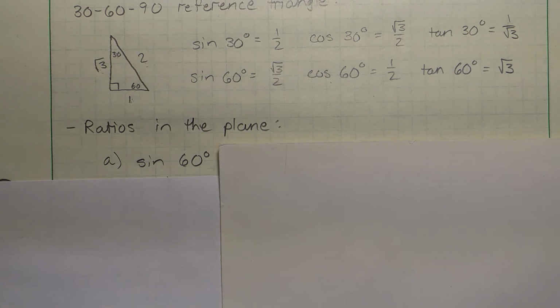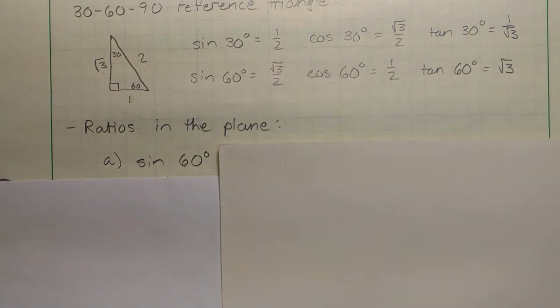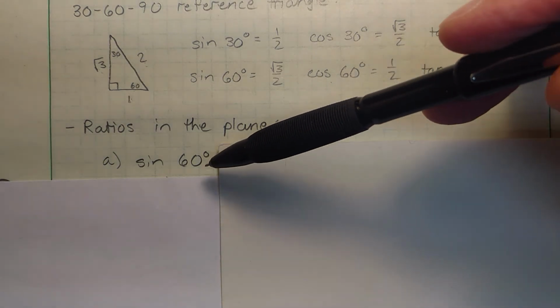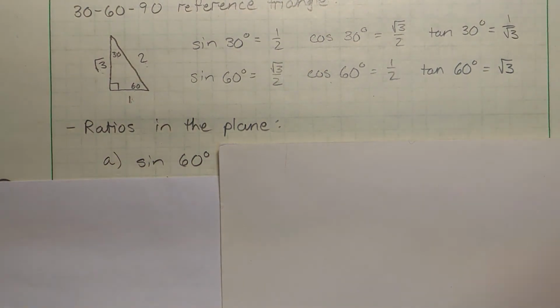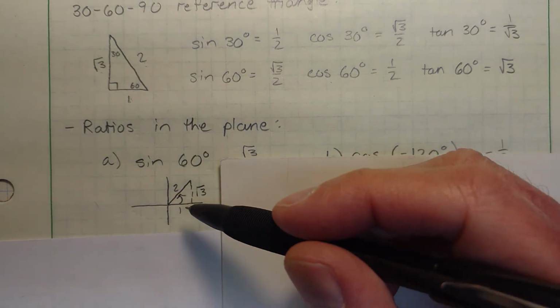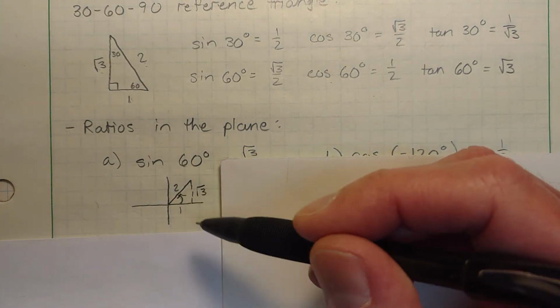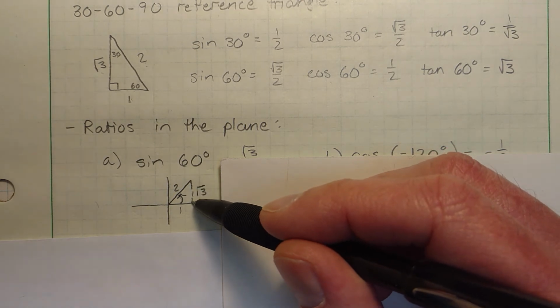So A, let's go sine of 60. Now granted, I could just look above and know this, but let's see how we do this when it's in the plane. So if I think of 60 degrees, the good news is the assignment you have today, they're actually going to already give you a picture. But eventually you'll get to a point where they won't give you a picture, and so you need to sketch 60 degrees in the coordinate plane. So that's what I've done here. Here's 60 degrees. Starting here, coming around here, 60 degrees. And then I turn it into a right triangle.